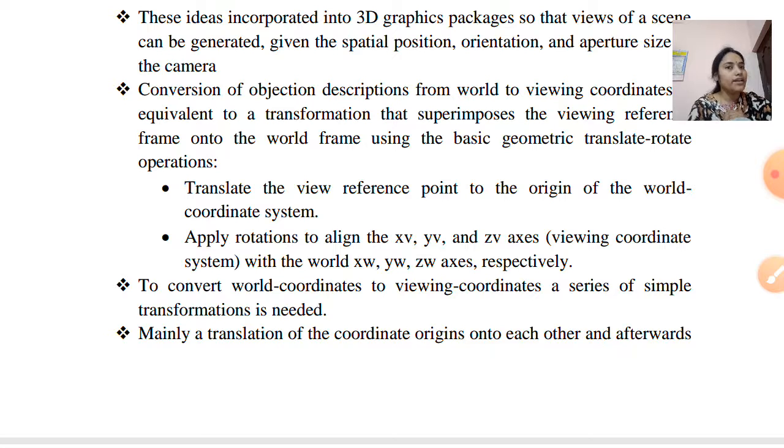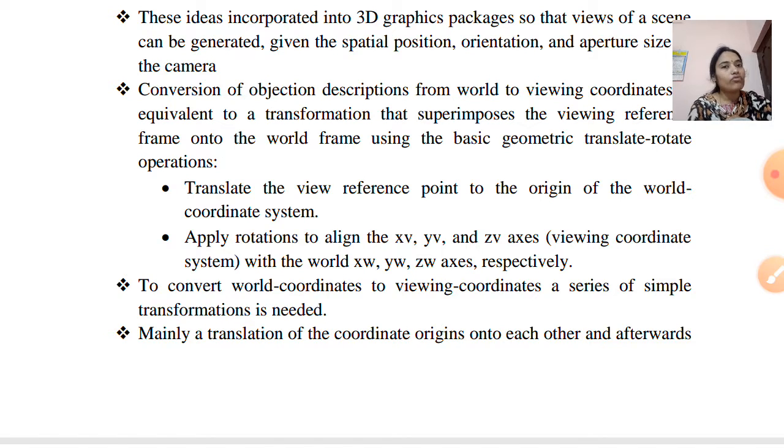Then we apply rotation to align the xv, yv and zv axes, which are the viewing coordinate system, with the world coordinate xw, yw and zw axes respectively.